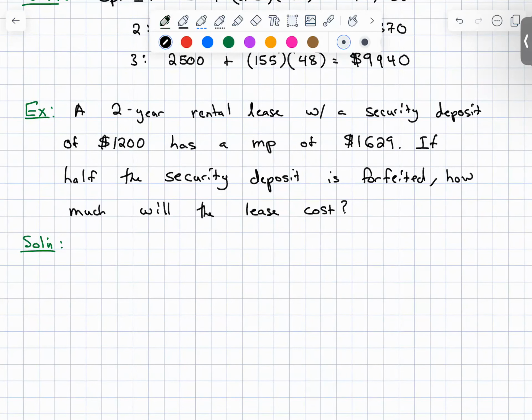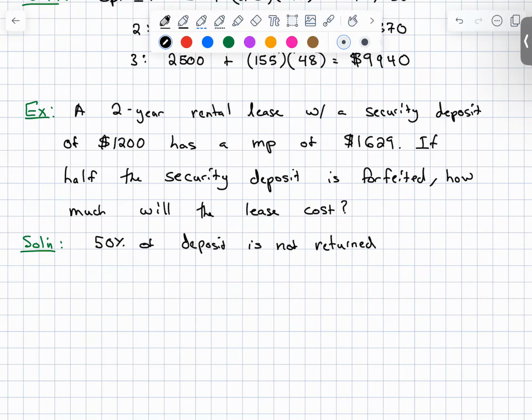back to this one. So they give us the length of the lease, they give us the upfront cost, which kind of is an upfront cost. It's $1,200, but you only get half of it back. So 50% of the deposit is not returned. We're trying to find A in the formula A equals P times B of your security deposit.